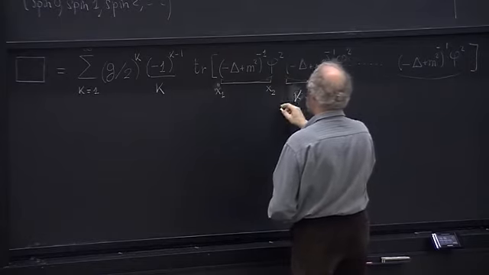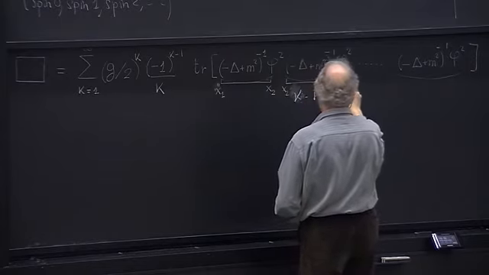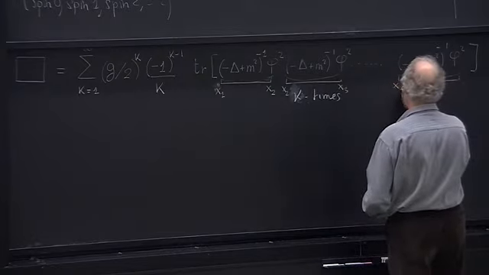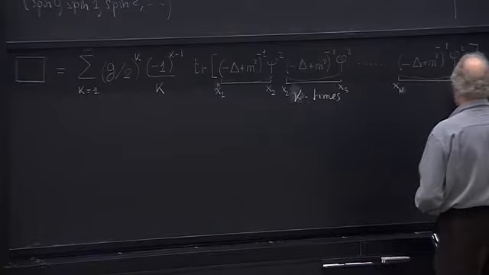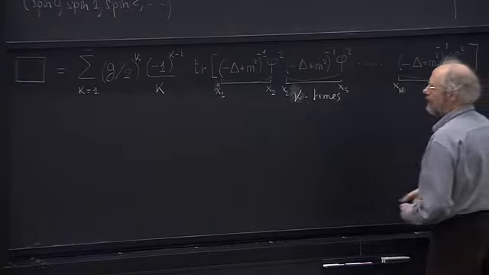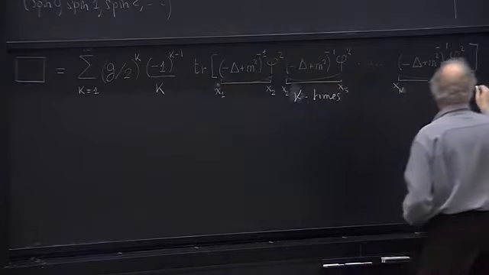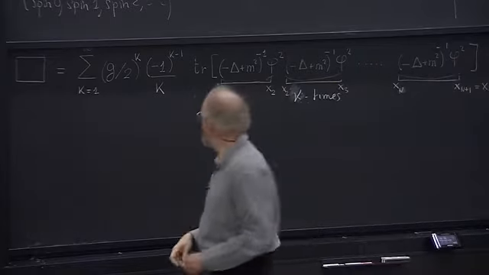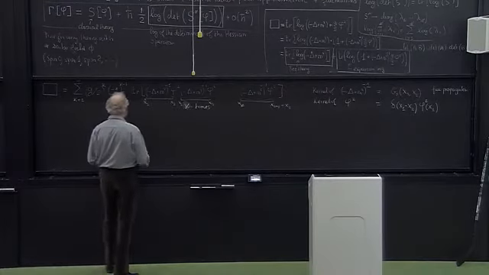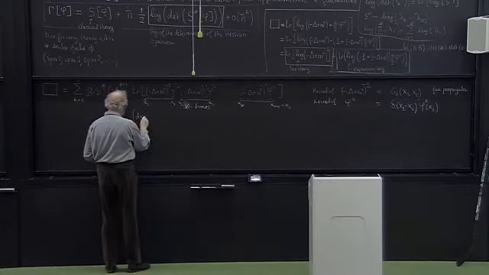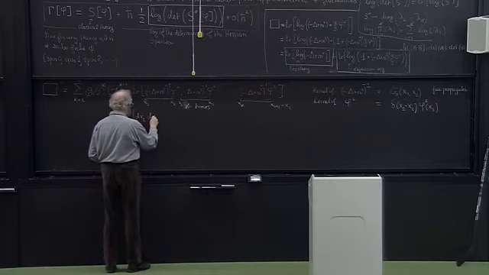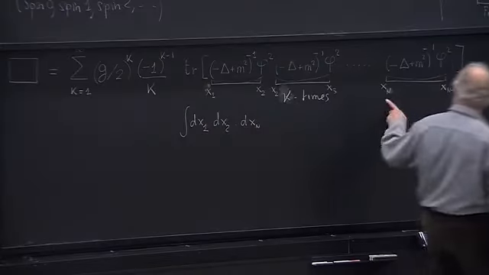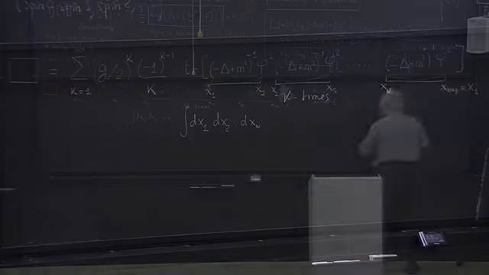Then the kernel of this operator between the point x2 and the point x3, etc. And I end up here with a kernel between the point xn and the point xn plus 1. But since I take the trace, this is going to be identified with x1. You see? So this object is just integral over x1, integral over x2, up to integral over xn, of the kernel of this operator.